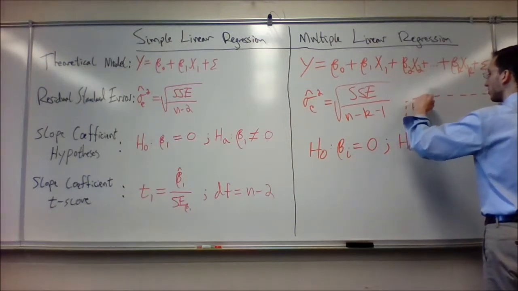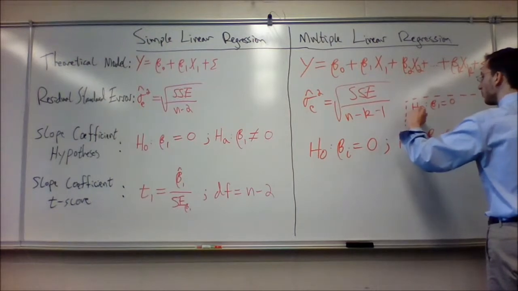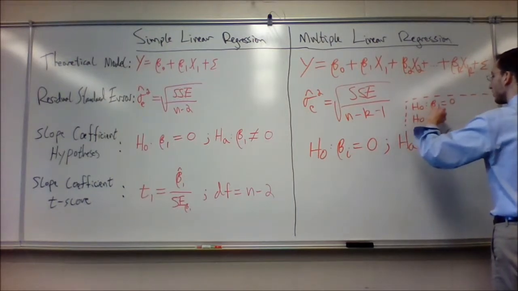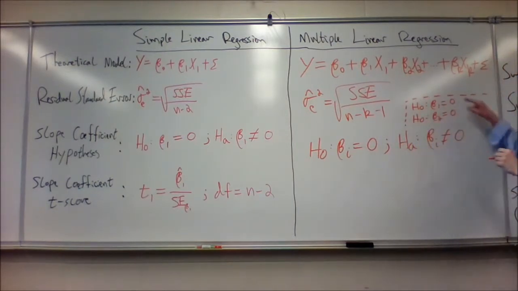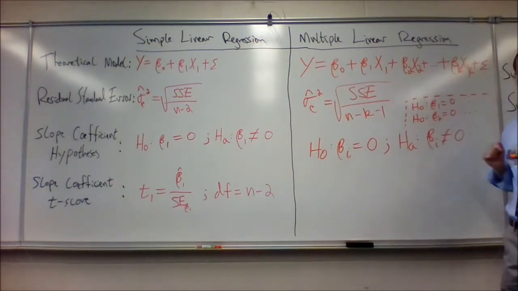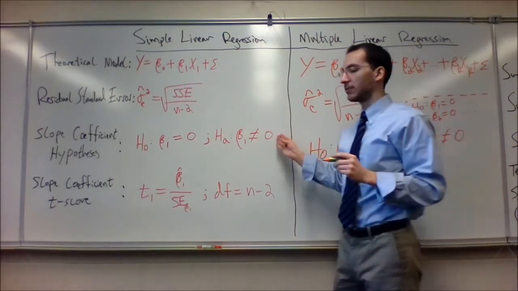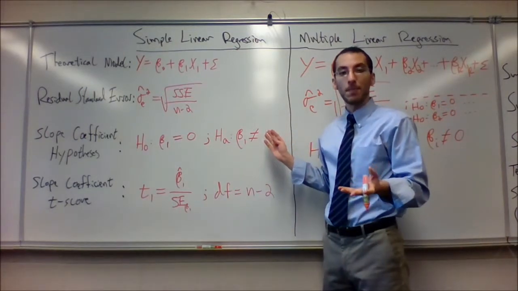If you had 2 explanatory variables, then you're going to have, say, 2 null hypotheses of beta 1 equal to 0 and beta 2 equal to 0. And naturally then you'd have alternative hypotheses for each of these slope coefficients. So it's the same thing as simple linear regression, we just have more of them.